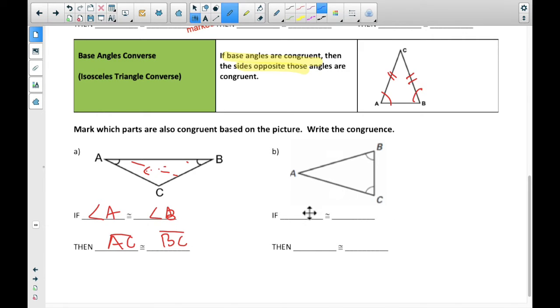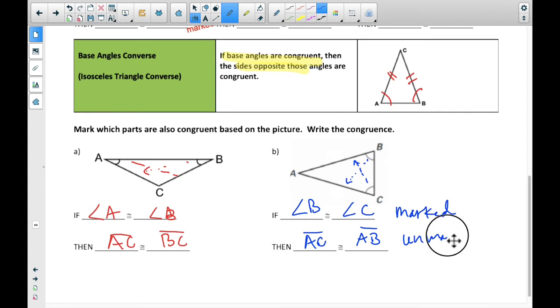The angle B is marked, and the angle C is marked. That's always our if, whatever is marked. Then we go to see what it points to. It points to side AC, and this one points to side AB. Those were unmarked to start with, but now that we know it, we can mark them.